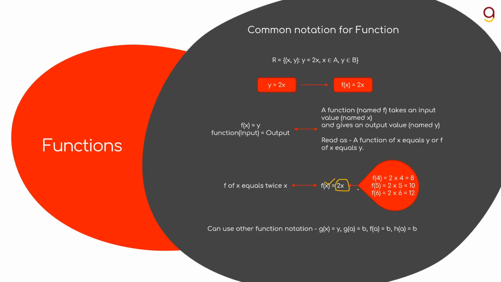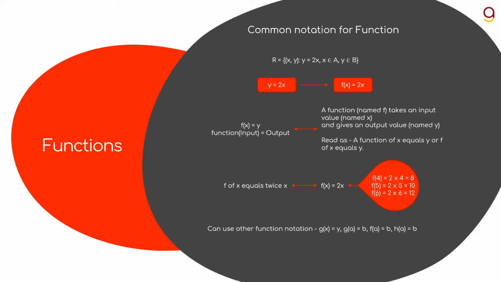Function f(x) is equal to twice x. Now, if we substitute the value of x with 4, we get the output as 8, which is twice of x. Similarly, the value 5 will give the output as 10 and 6 will give the output as 12.